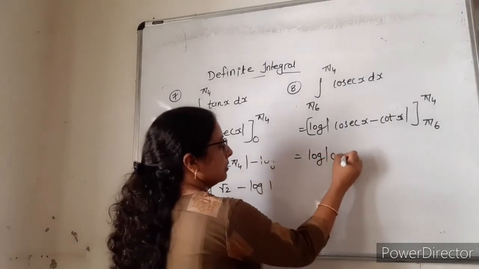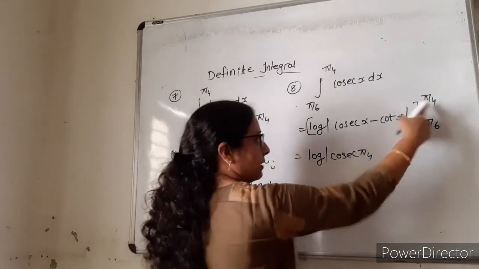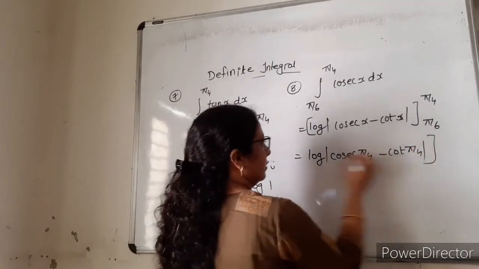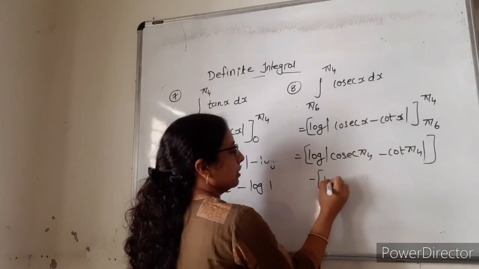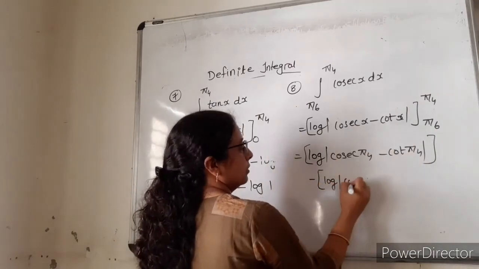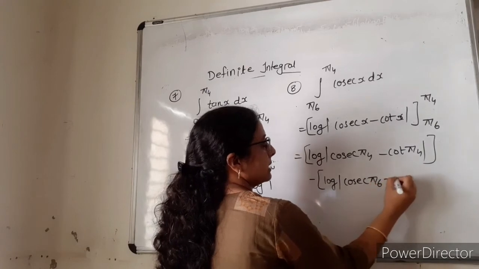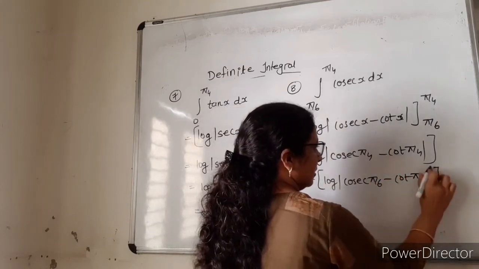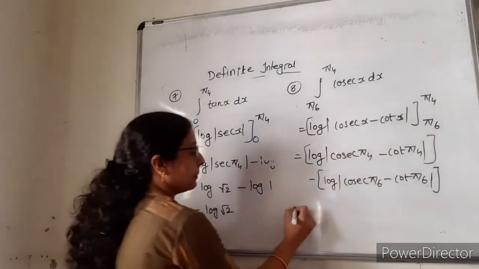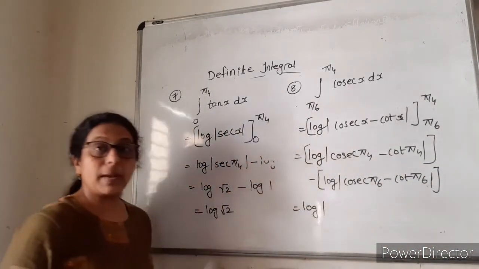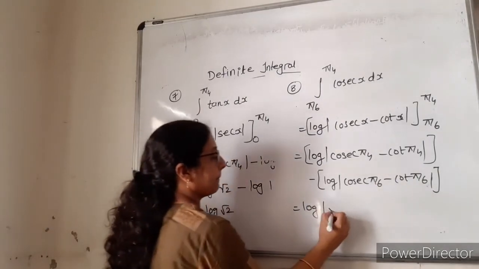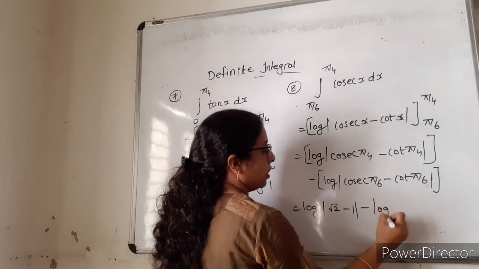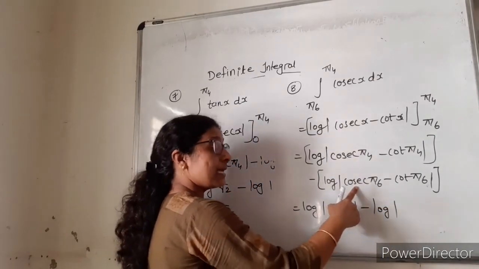So here if you apply the limit, what is it? Log of cosec pi by 4 minus cot pi by 4, minus log of cosec pi by 6 minus cot pi by 6, right? Now you apply the values: cosec pi by 4 is root 2, cot pi by 4 is 1, minus log mod cosec pi by 6 minus cot pi by 6.